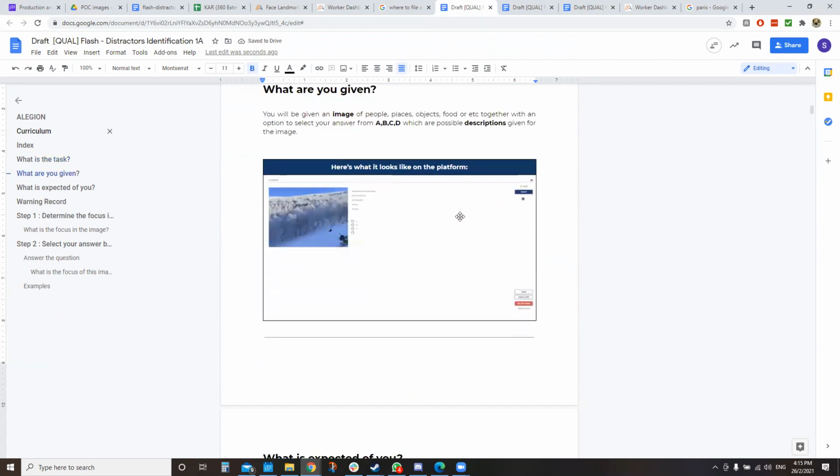Okay. So what are you given? You will be given a picture of people, places, objects, food, etc., and anything. And then you will be given A, B, C, D as an answer. That is possible descriptions that would best talk about the pictures. So qual one is trying to see if you can understand what is the focus of a picture.